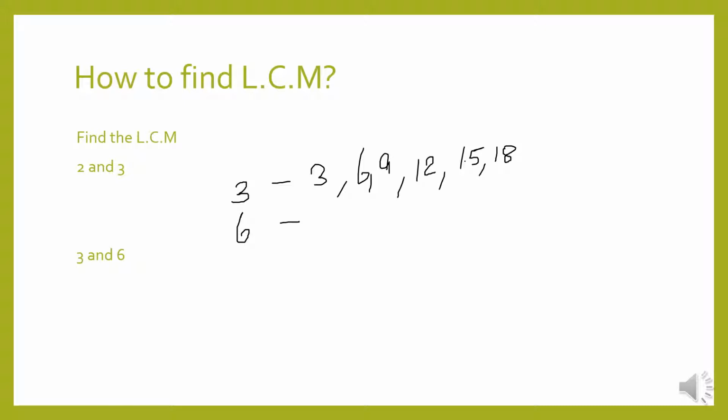Alright, let's stop there. And let's count in 6. Let's write down the multiples of 6. Okay, so 6, 12, 18, 24, 30. And as we can already see, we found the lowest common multiple of 3 and 6.